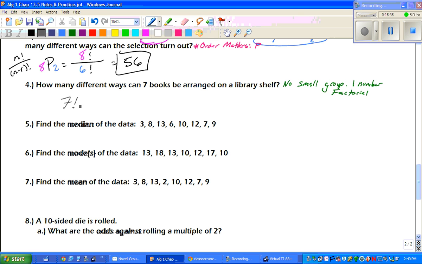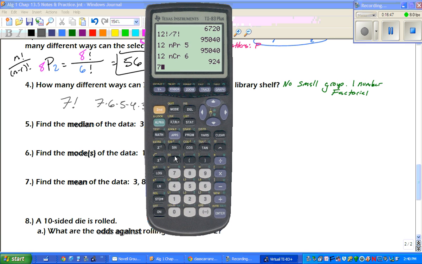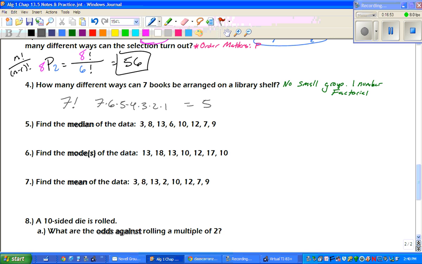So 7 factorial. Now, remember that's 7 times 6 times 5 times 4 times 3 times 2 times 1. And when you do all of that in your calculator, we get a grand total of 5,040.